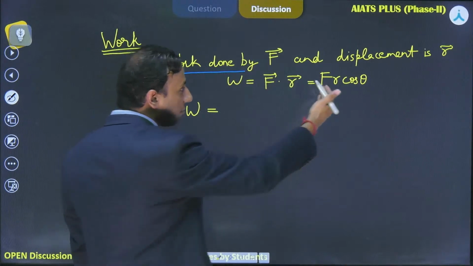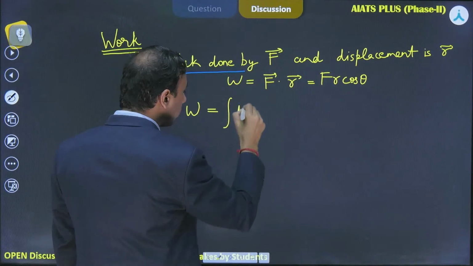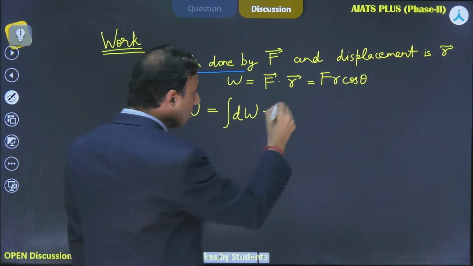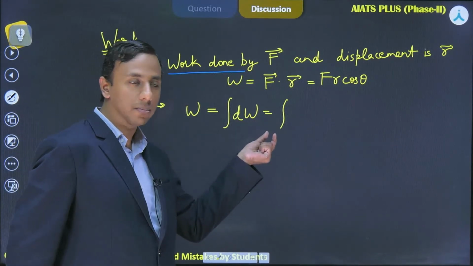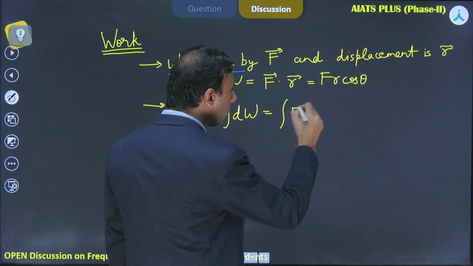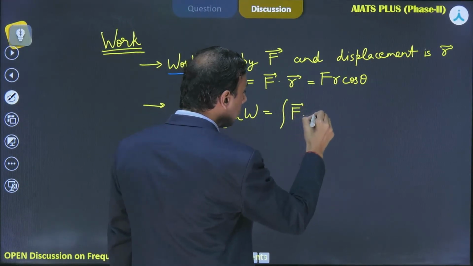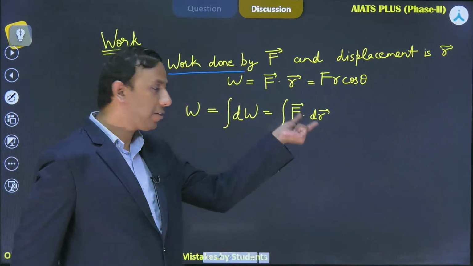Because force is different at each value of R. So in that situation, we will use this formula. We will integrate after finding a small work done, right? That small work done would be nothing but F into dr, okay? So F dot dr vector, and here also the same thing, F dr cos theta.